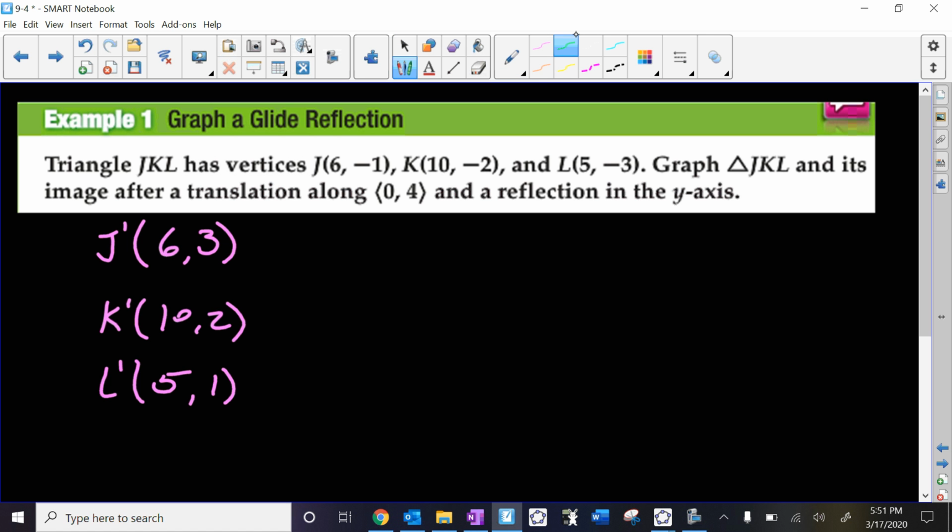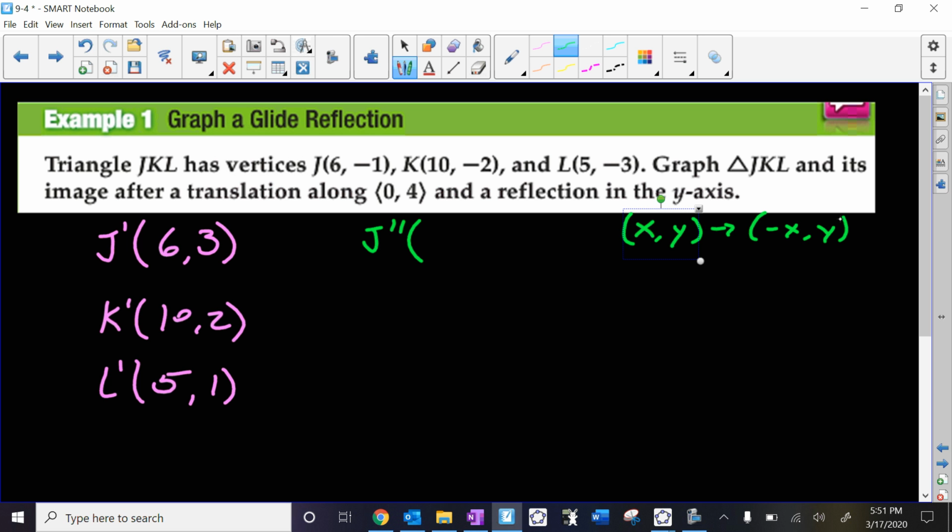After you do the translation, then you're going to do the reflection. And to signal that it's now a second transformation, we're going to call it J double prime. So across the y-axis, you can look on your sheet, (x, y) will change the x value.